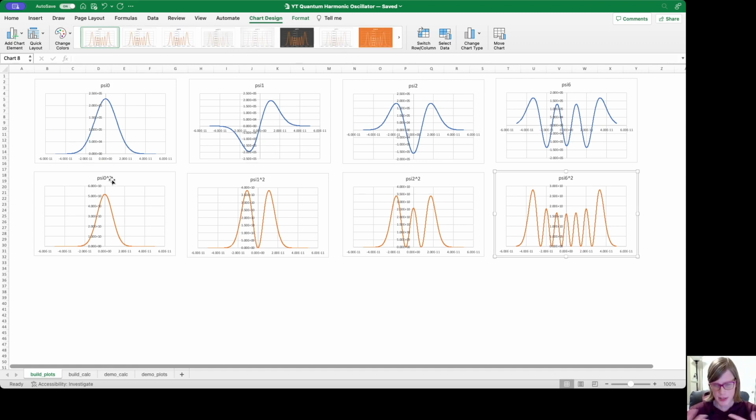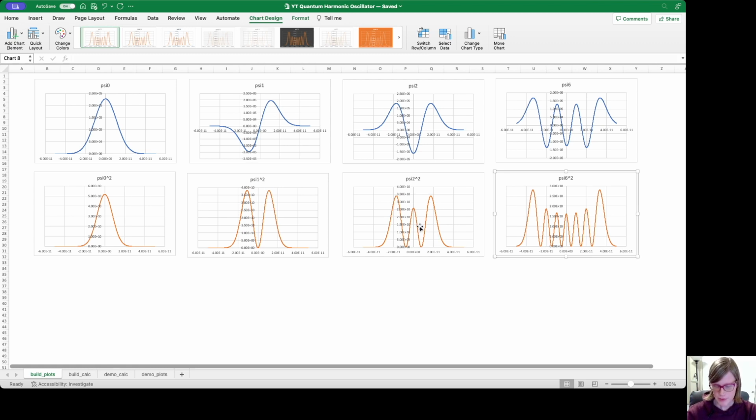To me, what sticks out with this analysis is that the most important plots graphically are the bottom row of orange plots. We can see at v equals 0 that the particle is most likely to sit at the equilibrium position. Then at v equals 1, there are 2 places around the equilibrium where it's equally likely to be found.